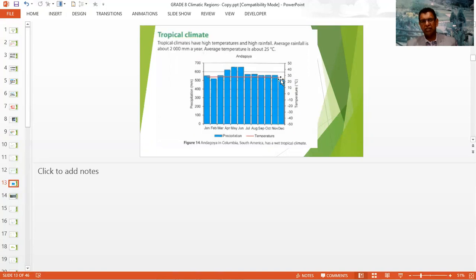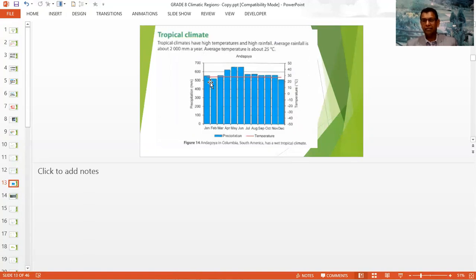And if we ask to give a reading, we'll probably say our temperature is roughly in the area of about 27 to 28 degrees Celsius.